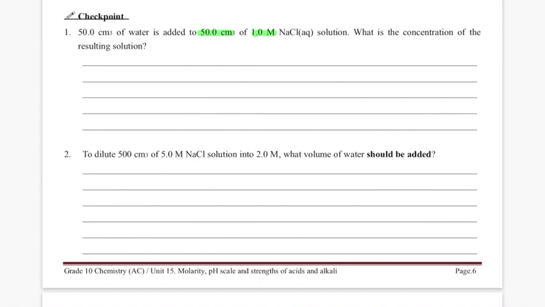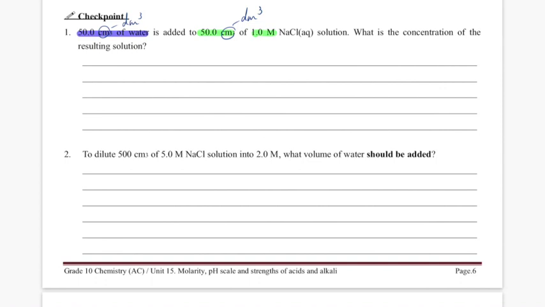And what is the action that we take to change the molarity? We add 50 cm cube of water to it. After we highlight the information, you need to be able to circle the parts and do unit conversion, cm cube into dm cube. Then you can start to do your calculation.